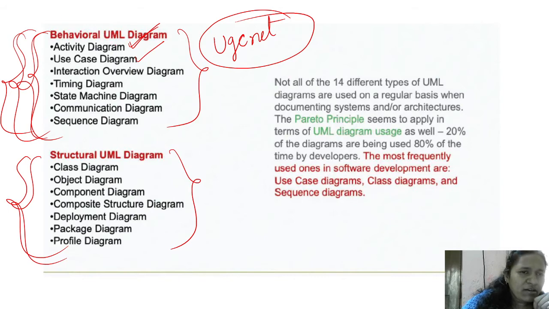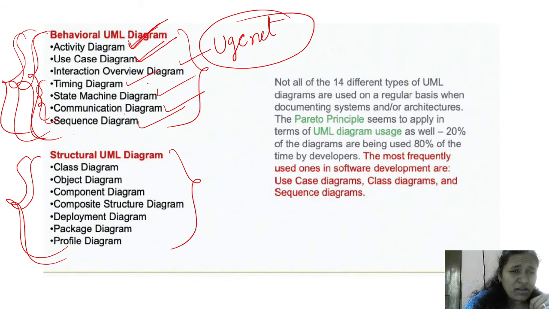The behavioral diagrams: first is the activity diagram, then the use case diagram. Next, the interaction overview diagram, timing diagram, state machine diagram, communication diagram, sequence diagram. Timing diagram, state machine diagram, communication diagram, sequence diagram are the types of interaction diagrams.